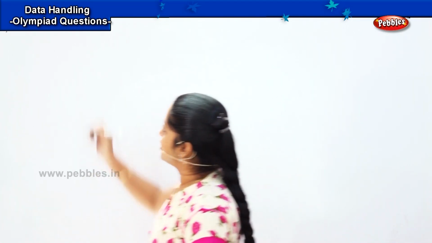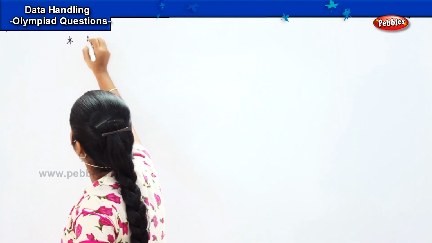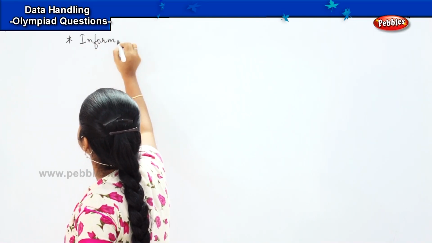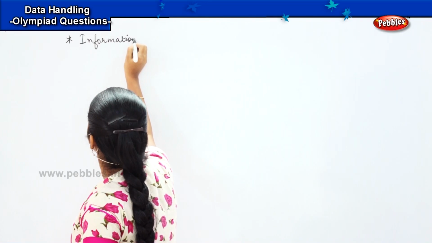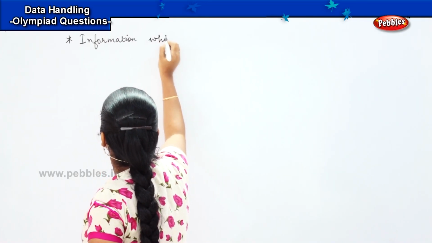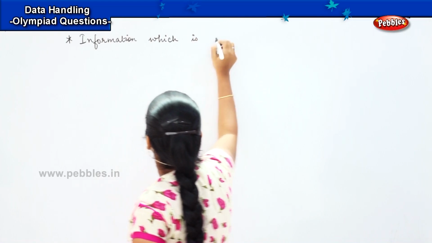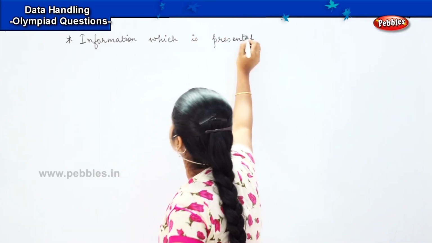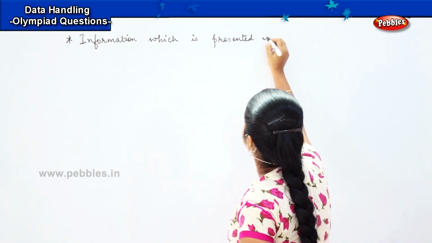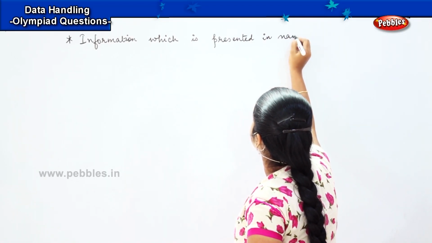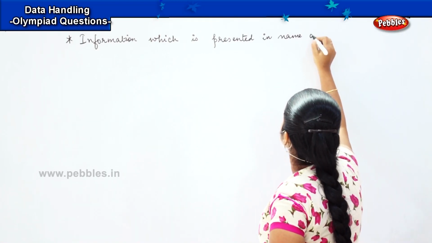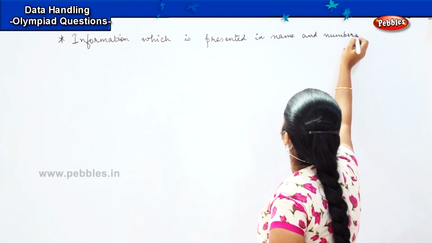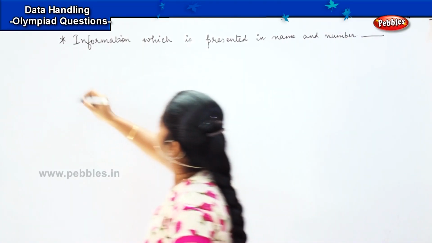So here your first question is, what do you call the information which is presented in name and number? Okay.